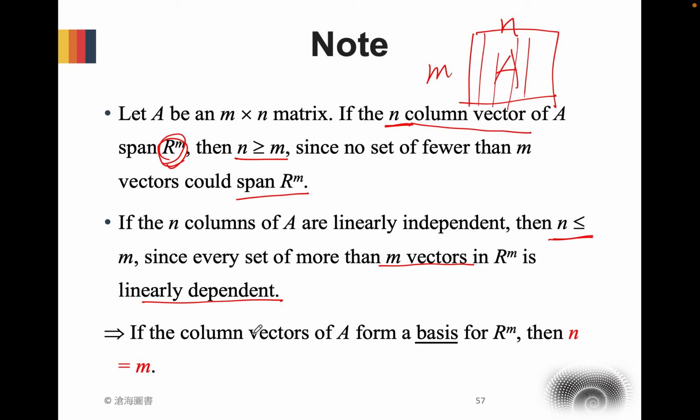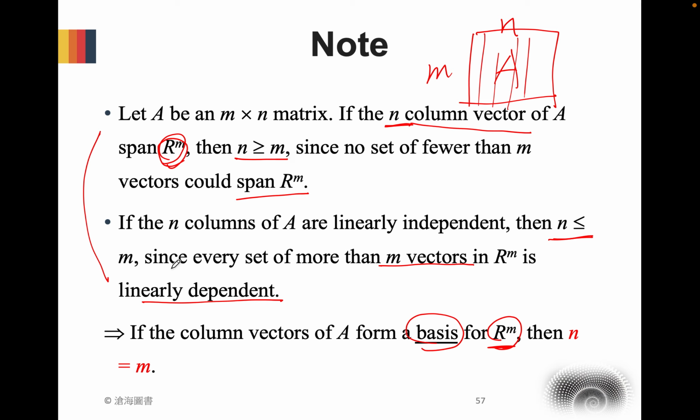So finally, if the column vectors of A form a basis for Rm, what does that mean? That means the column vectors of A are linearly independent and they span Rm. That means we need to combine these two statements. The first statement says that n should be larger or equal to m.